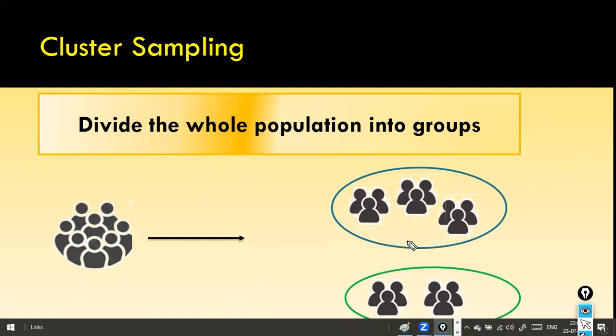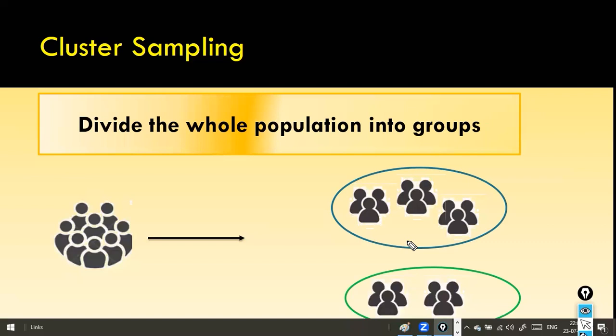Okay, any other example? Let's say you want to run a customer satisfaction survey for a large retail chain with stores spread across the country. In that kind of situation, you can employ cluster sampling. Within India, you can take a few specific cities, or you can randomly select a few stores as clusters, or within Chennai, you can randomly select a few stores as clusters.